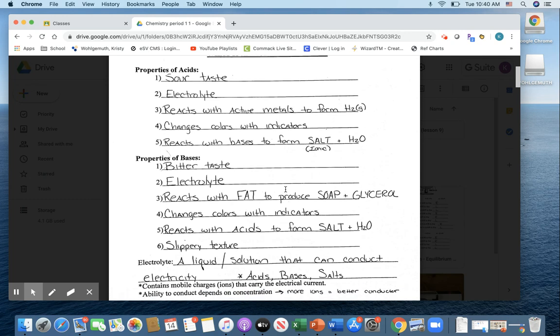Bases are also electrolytes. One specific type of reaction with a base is that they will react with fat molecules to produce soap. So this is how soap is made. Now, they use different types of oils. You can actually have olive oil soap.